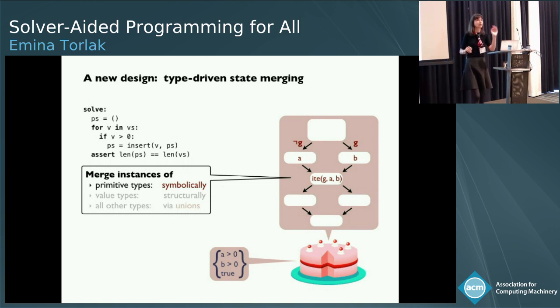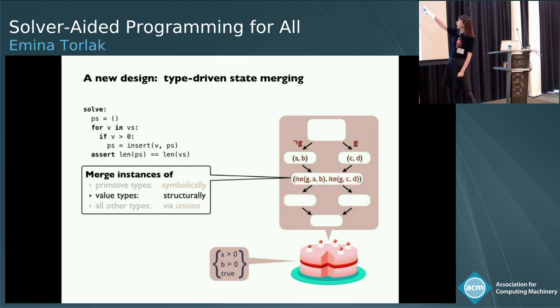So what happens when you get two lists of the same length? More generally, when you get two instances of a data type that have the same shape, in this case, Rosette is going to push the merge operation down. Okay? So it's going to merge A and C into a new symbolic term, and it's going to merge B and D into a new symbolic term. Okay, so this is done recursively.